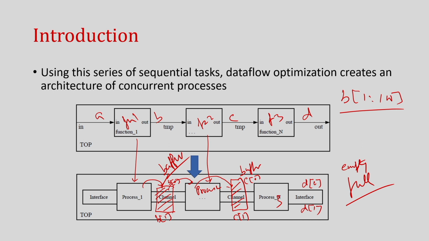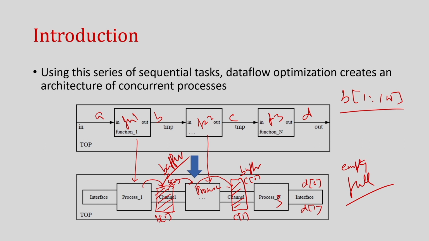So, this process has to wait, and this situation might occur because process 1 may be very heavy. Producing B0 might take, say, 5 cycles, whereas process 2 can consume B0 and produce C0 in maybe 1 cycle. It is not that all processes take the same number of cycles; they may not be balanced.